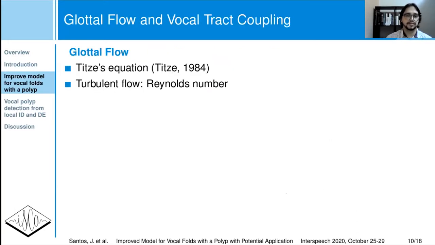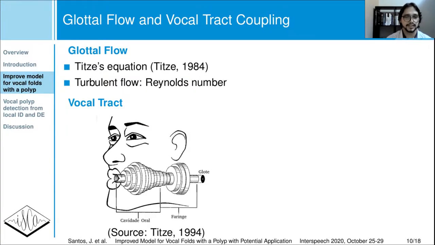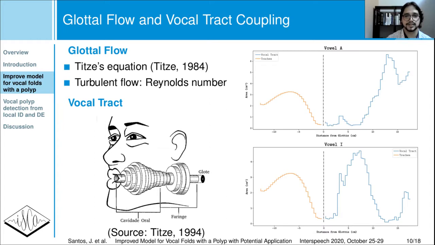To calculate the glottal flow, Titze's equation was used and a turbulent flow was added based on the Reynolds number. And for the vocal tract, we discretized the area of the tract and also the area from the trachea, and used these discrete measures based on the data freely provided by the open source software Letalker 1.22.